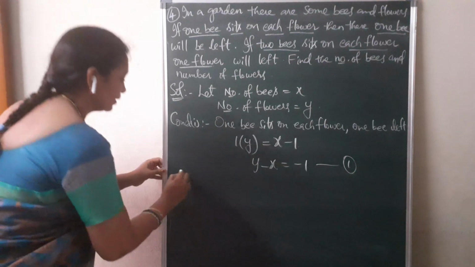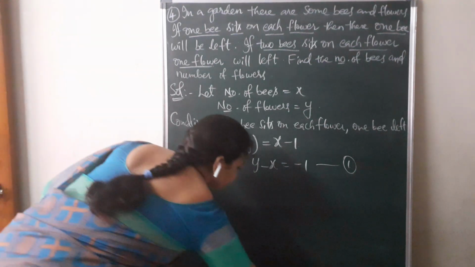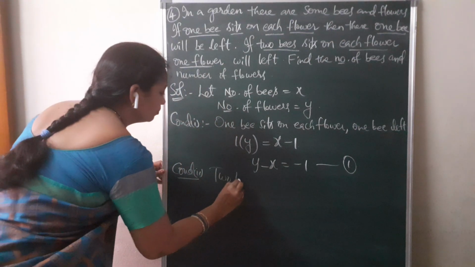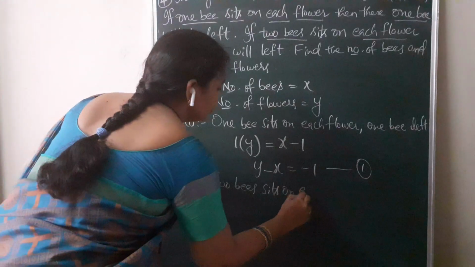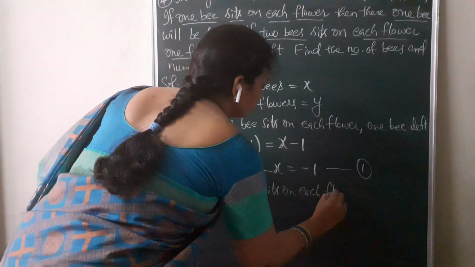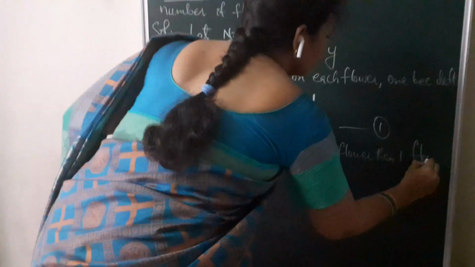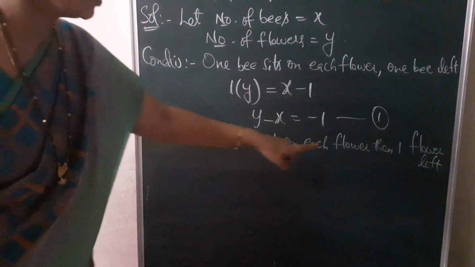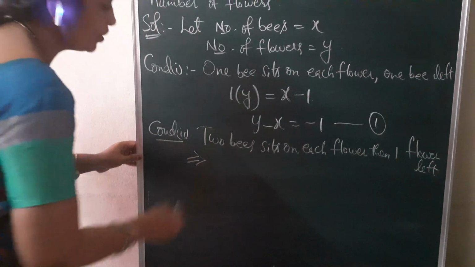Okay. Next, condition 2. Two bees sit on each flower, then one flower will be left. So two bees are sitting on each flower, one flower will be left. That implies what condition will you get?